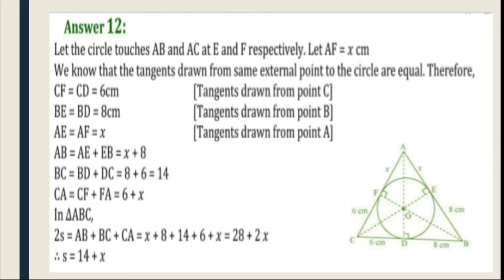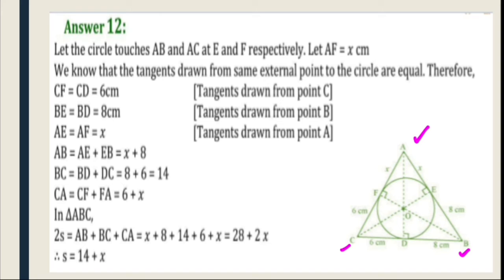Now we will find the area of triangle ABC. You know Heron's formula, you have learned about Heron's formula in class 9. To use Heron's formula, you have to find half of the perimeter.